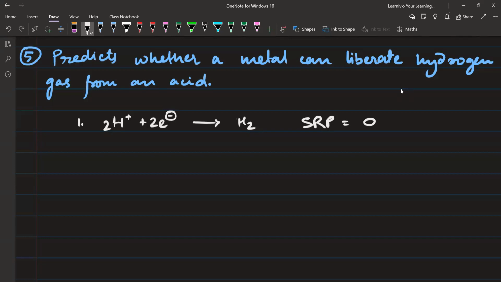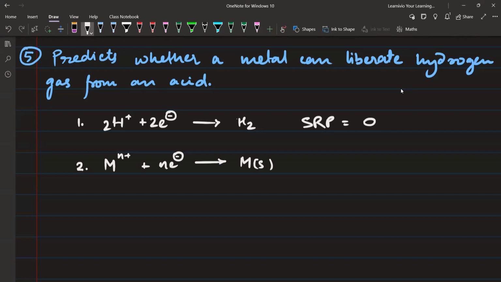Now, another reduction can take place when you add a metal. Metal with n positive charge will eat an electron and give metal solid.